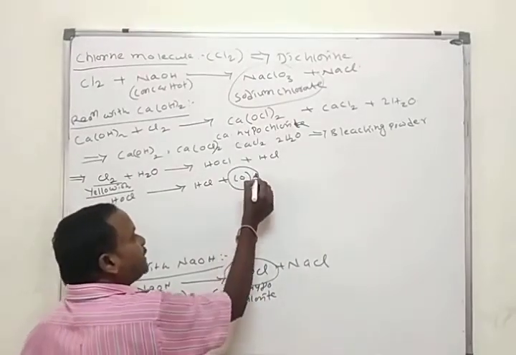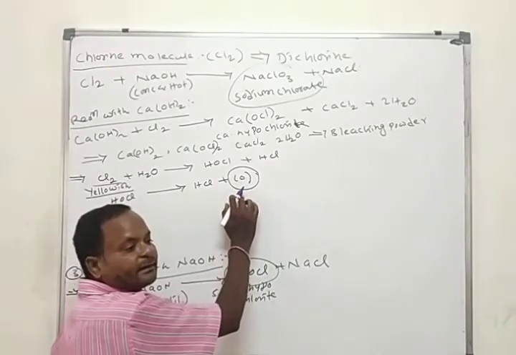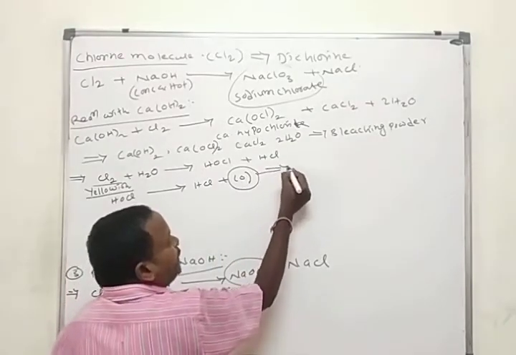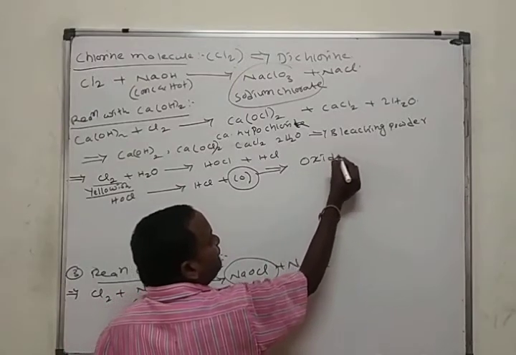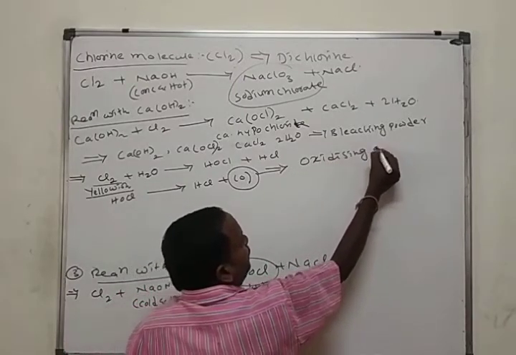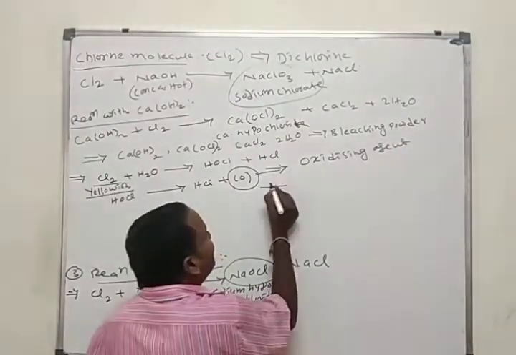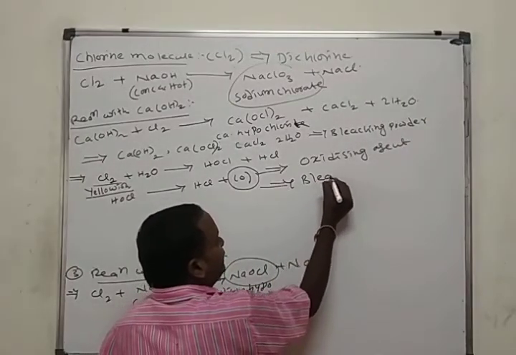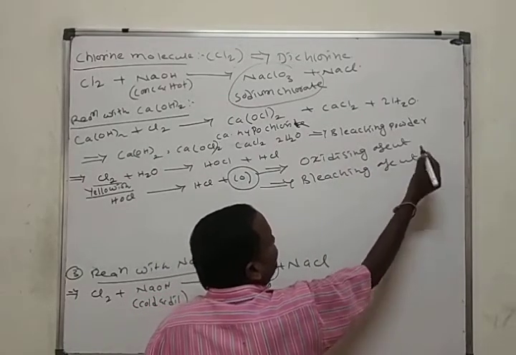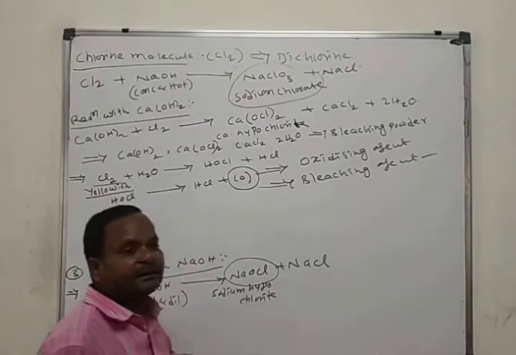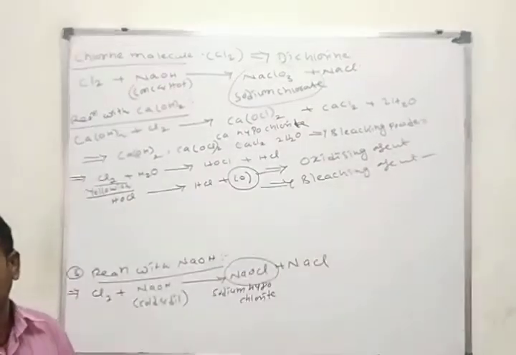Due to the liberation of this nascent oxygen, the chlorine molecule acts as an oxidizing agent and as a bleaching agent. We'll see in continuation what the bleaching action is and what the oxidizing properties of chlorine are.